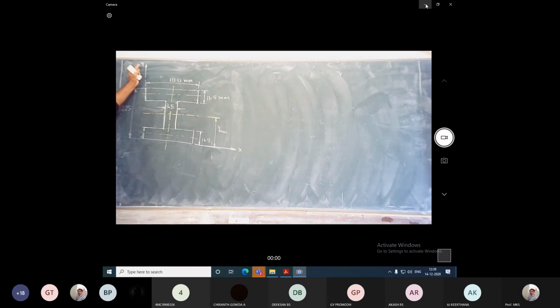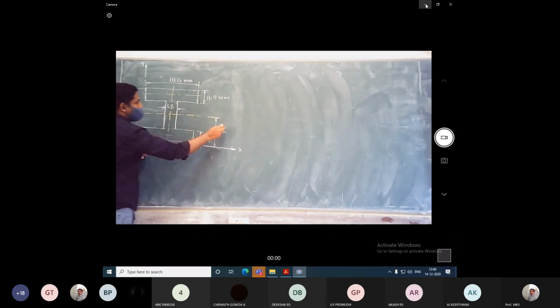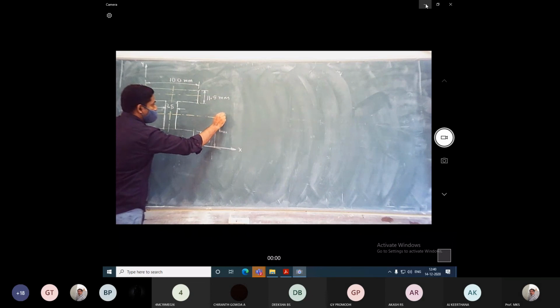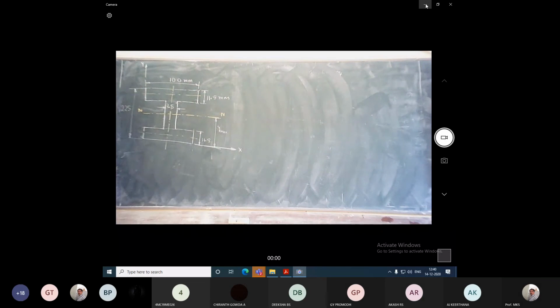Okay. So this is a symmetrical section. Here you mark down the neutral axis. Let this be the neutral axis, I'll name it as NN.